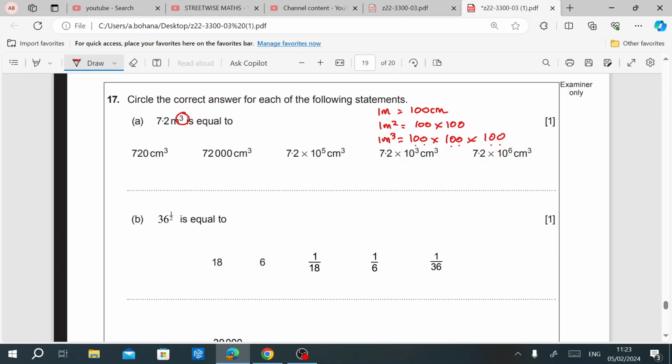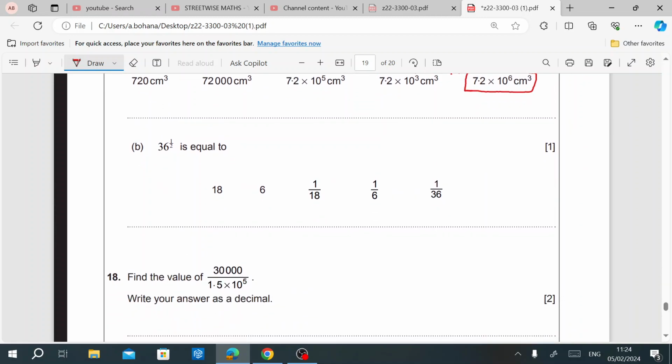So all you need to do is put 6 zeros onto this. But rather than do that, look for the one that's got 10 to the power of 6, which is that one there. And that's the answer there, okay?